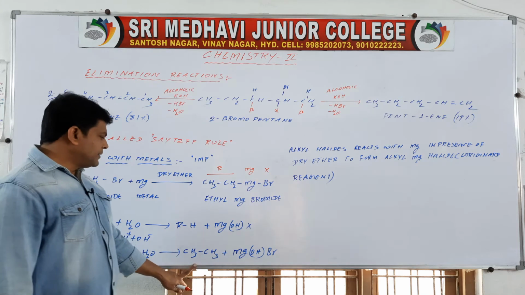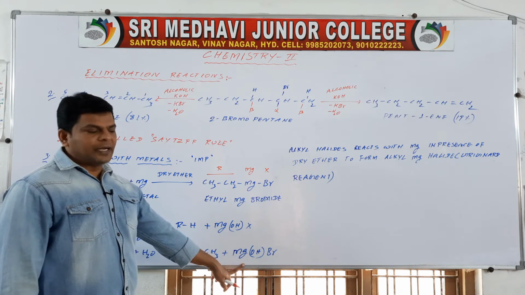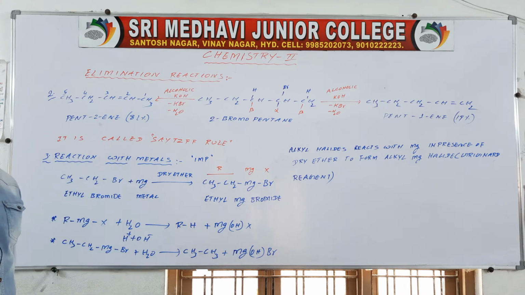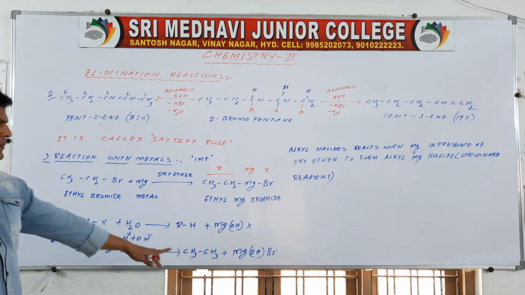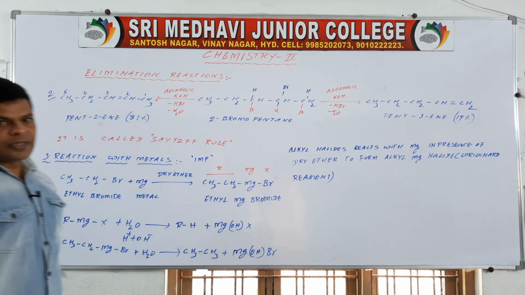It is ethane. Magnesium hydroxy bromide is formed when the Grignard reagent is dissolved in water. Understand? So this is nothing but a reaction with the metals.